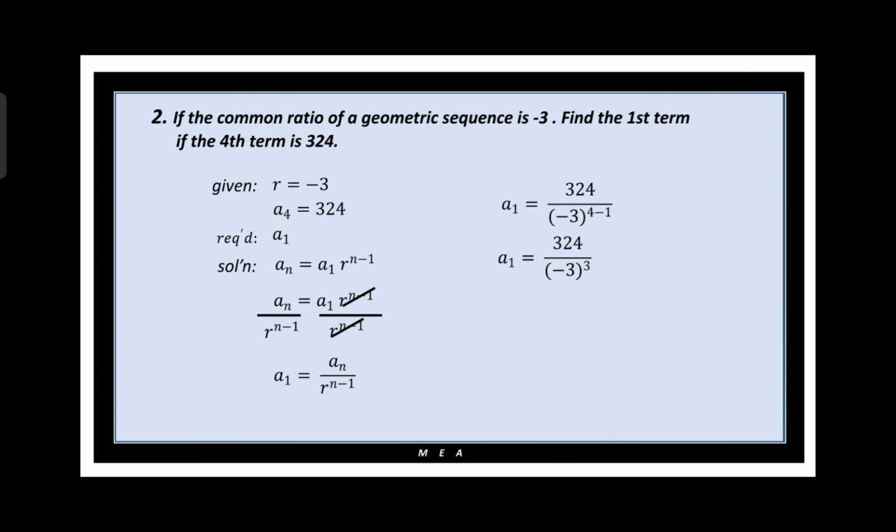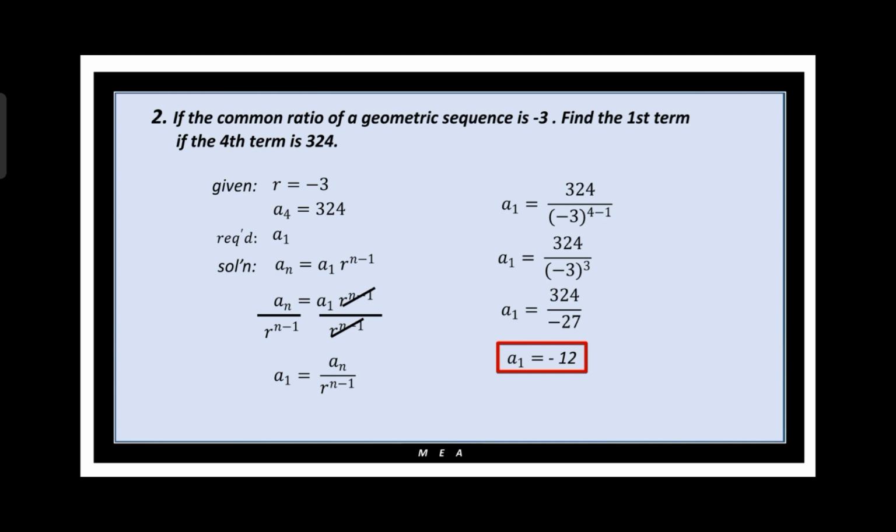Yung negative 3 raised to 3 is the same as negative 3 times negative 3 times negative 3, and that will be negative 27. Now, ang ating a sub 1 will be 324 divided by negative 27. Divide lang natin siya. So, a sub 1 now will be equal to negative 12.